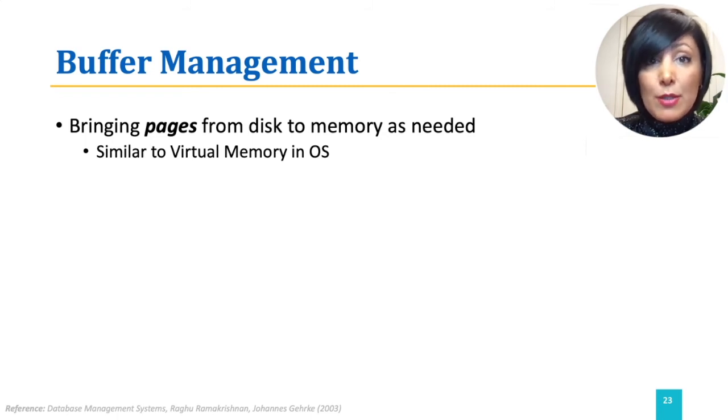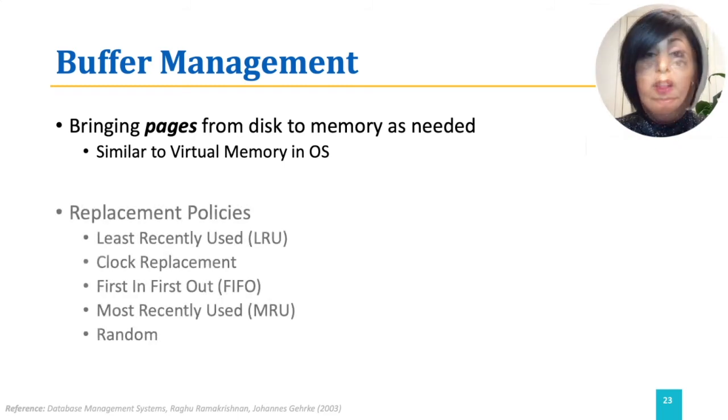The database management system needs to bring the pages into memory gradually so that it can facilitate that scan. It needs to decide which pages to move out to make space to bring in the new pages. The policy used to decide which pages can be replaced is called the replacement policy.